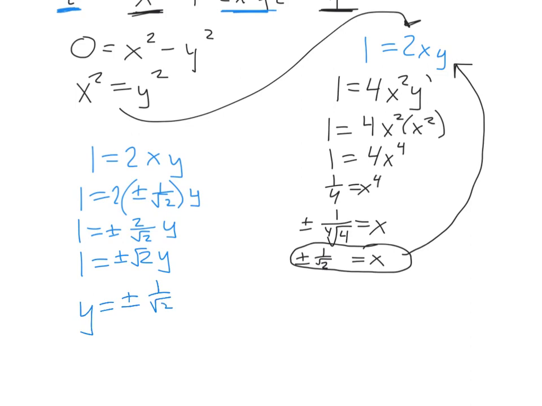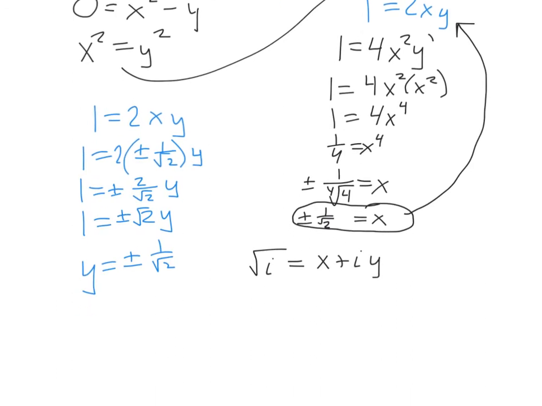So what we had stated at the very beginning of the problem was that the square root of i is x + iy. So we have just found that the square root of i is 1/√2 + (1/√2)i, or the square root of i is -1/√2 - (1/√2)i.